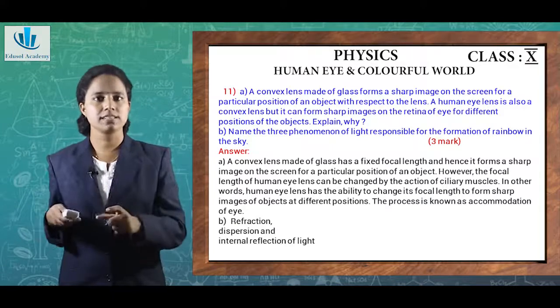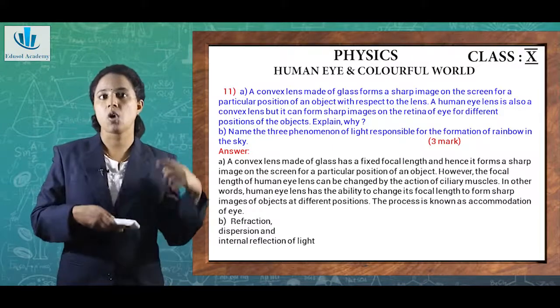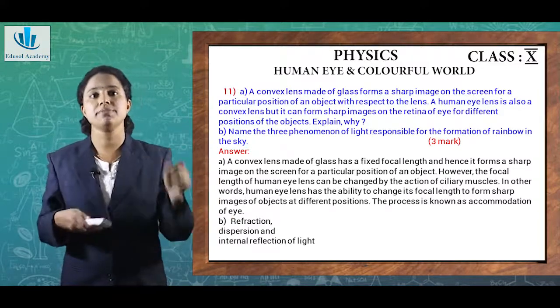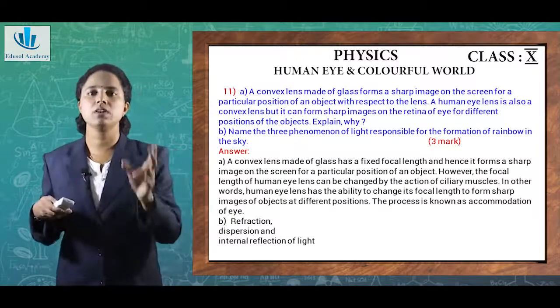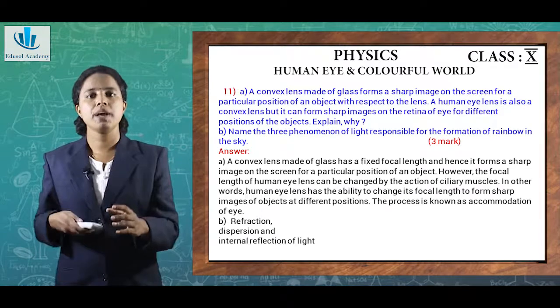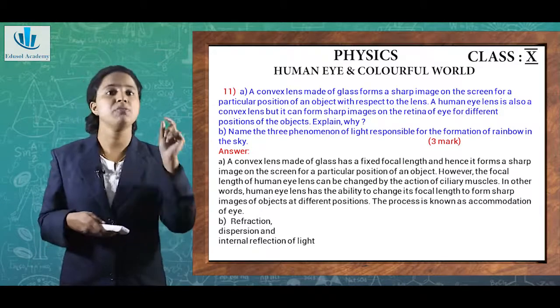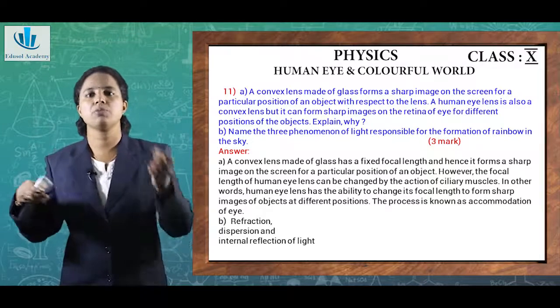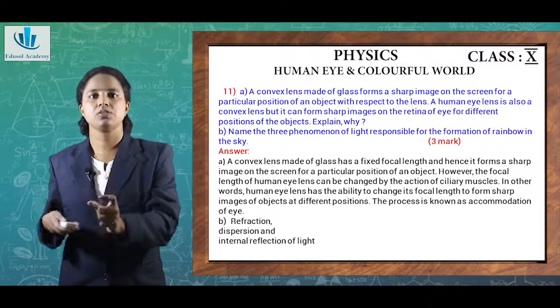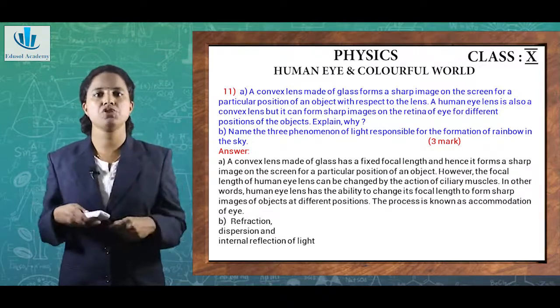One is a glass convex lens and another one is a convex lens present in our human eye. So, when we take a normal convex lens made of glass, it has a fixed focal length. So, for a particular position of the object, it will have a particular image on the screen in a particular position.